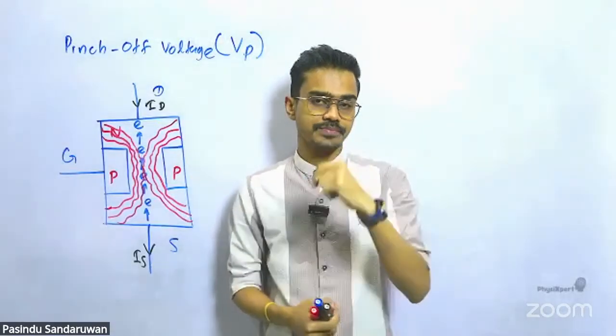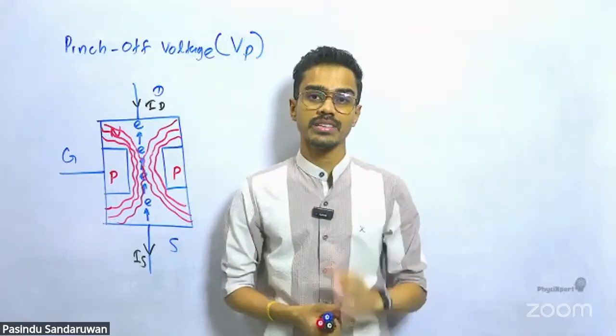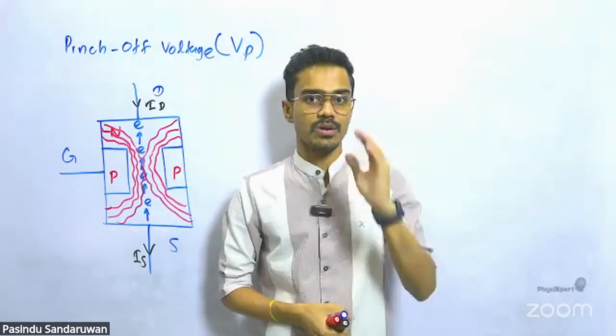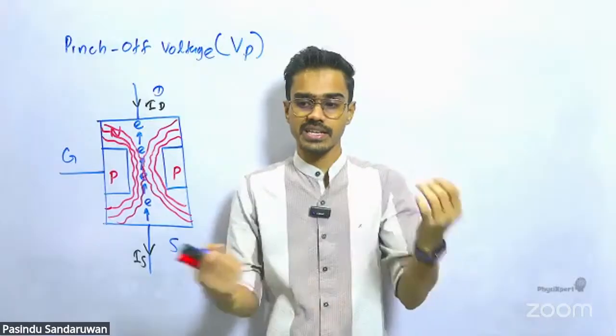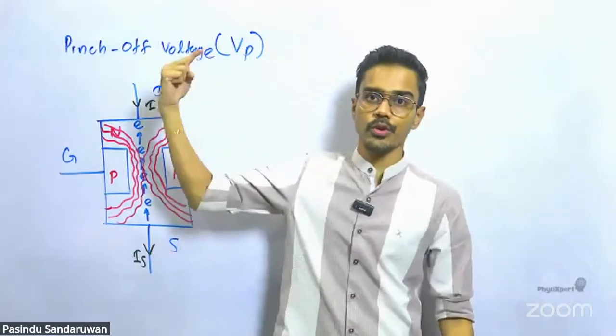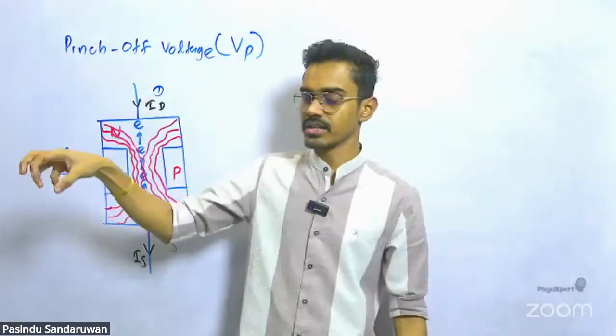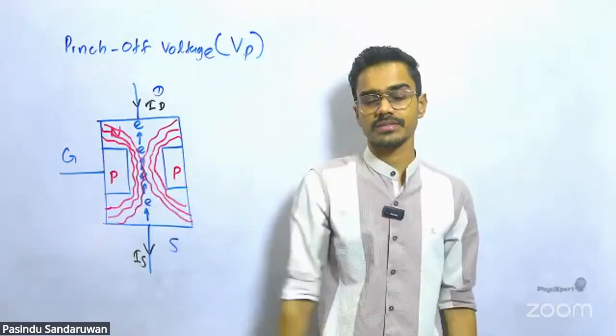At that point, we know in the depletion region there are only static charges. Then when these two are in contact, there's no chance for these electrons to flow. At that point, the flow of electrons stops.